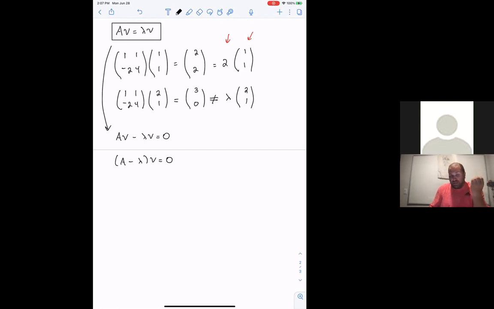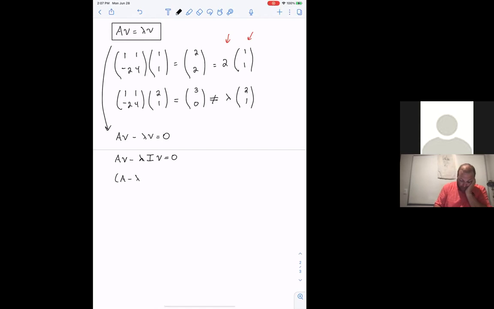And you can't subtract a number from a matrix. You can only subtract a matrix from a matrix. So we're going to throw in an intermediate step where I put in the identity matrix of the appropriate dimension. I know that the identity times V is just V, so mathematically that's okay.